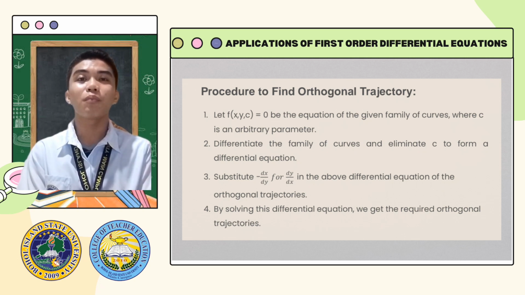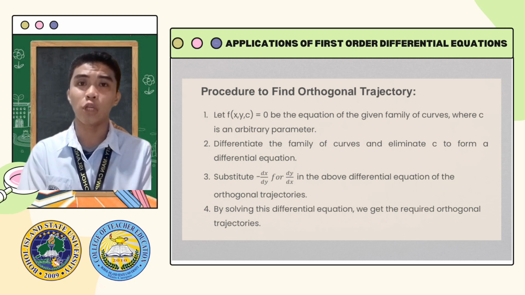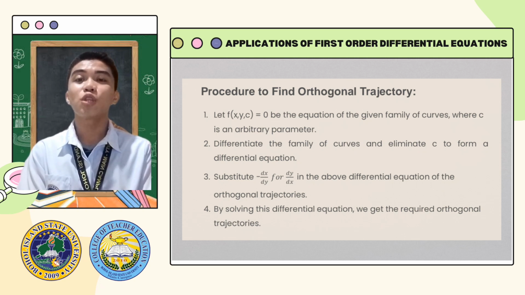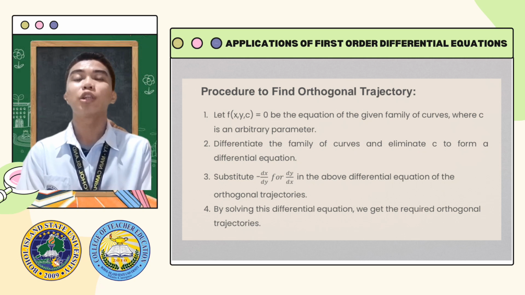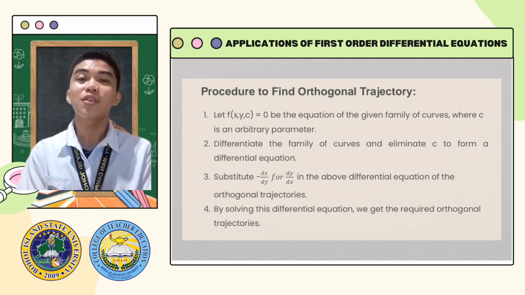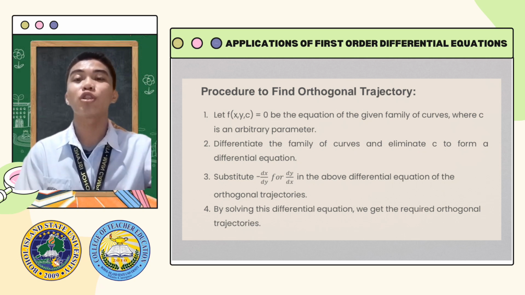The second step is differentiate the family of curves and eliminate c to form a differential equation. Third, substitute the negative reciprocal of dy over dx, or negative dx over dy, for dy over dx in the above differential equation of the orthogonal trajectories. The last step is by solving this differential equation, we get the required orthogonal trajectories.